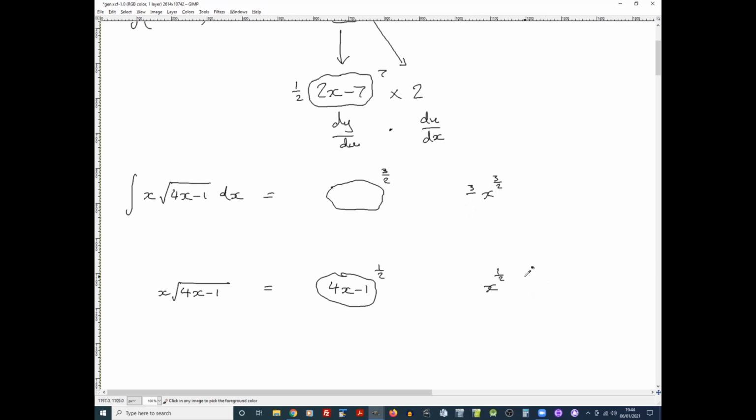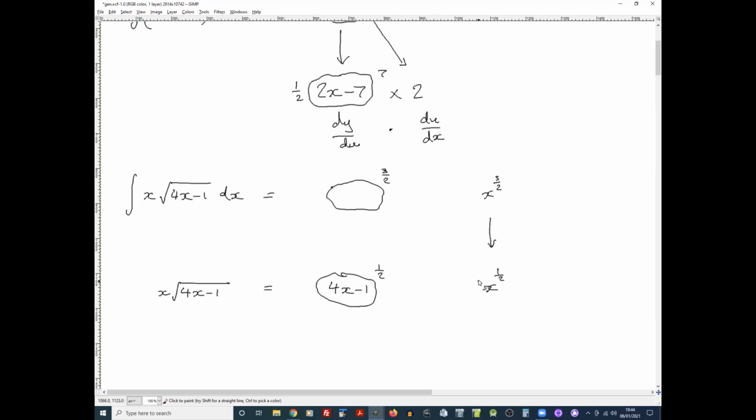Let's try again, integrating x to the power of a half. What would differentiate to give you x to the power of a half? Well, it will be x to the 3 over 2. That has to be the power, doesn't it? And then whatever times by 3 over 2 to make 1. Exactly, that's the way to think of it.